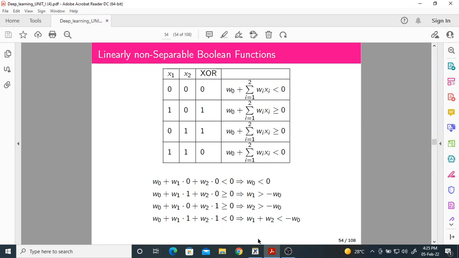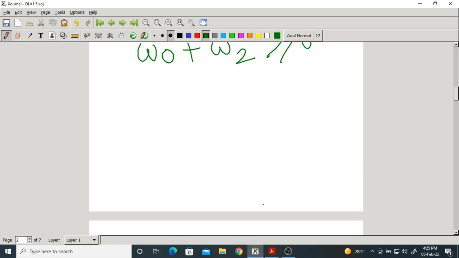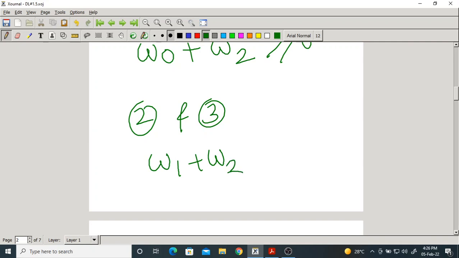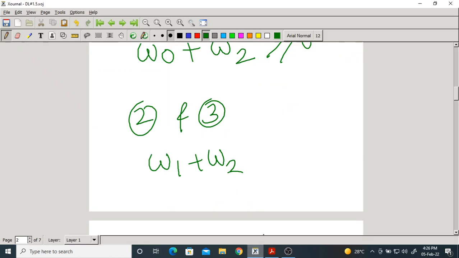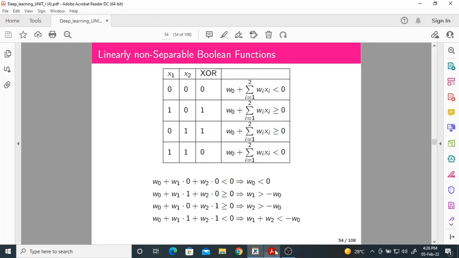So from the second and third, if you add them, W1 plus W2 should be greater than or equal to minus 2 W naught. But what does the fourth condition say? W1 plus W2 should be less than minus W naught.